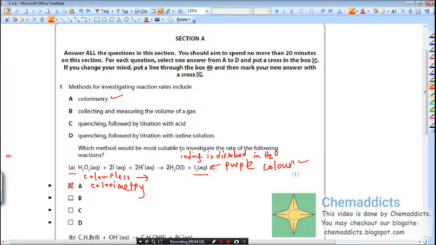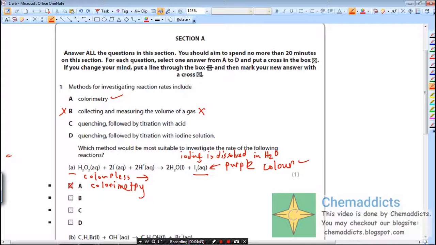So option B is not suitable, since gas is not a reactant or product of this reaction, so we can't use this method to investigate rate. Now let us move on to option C.